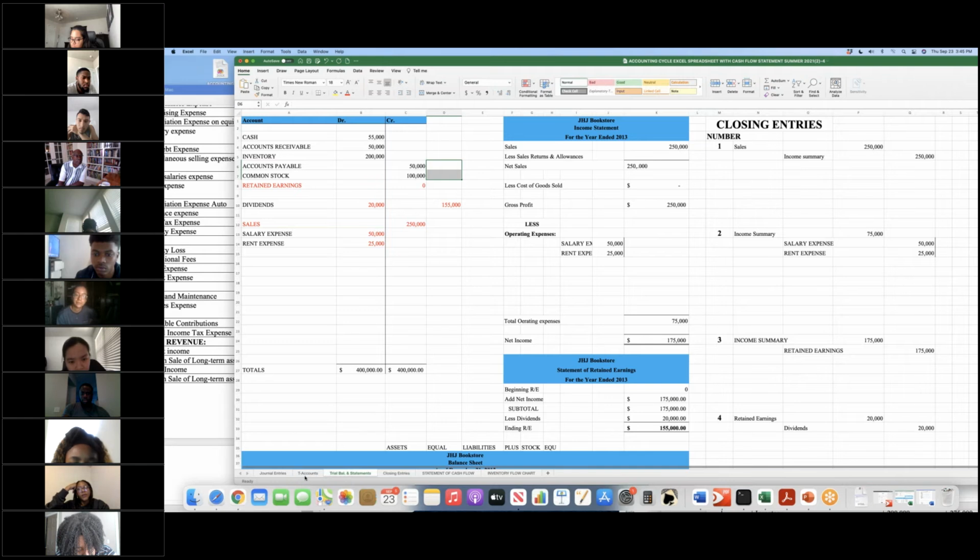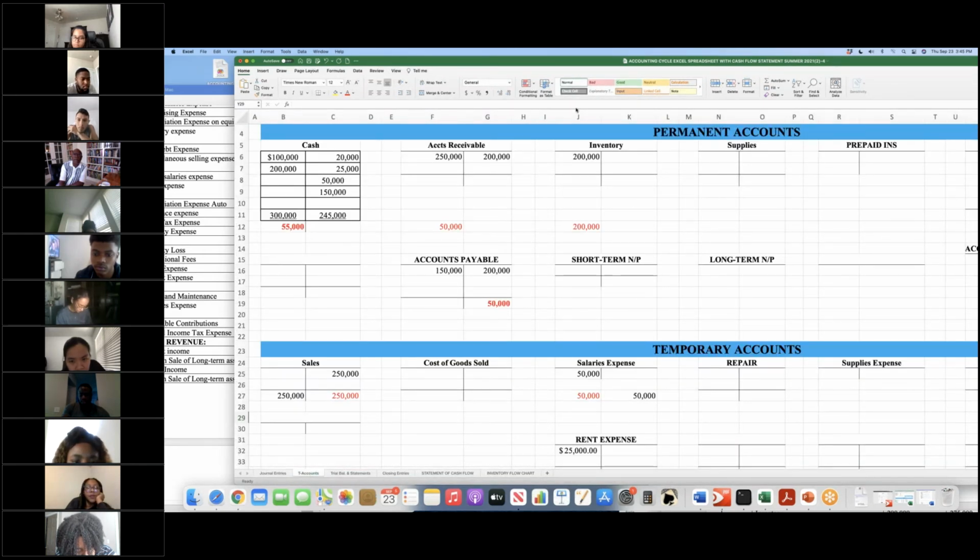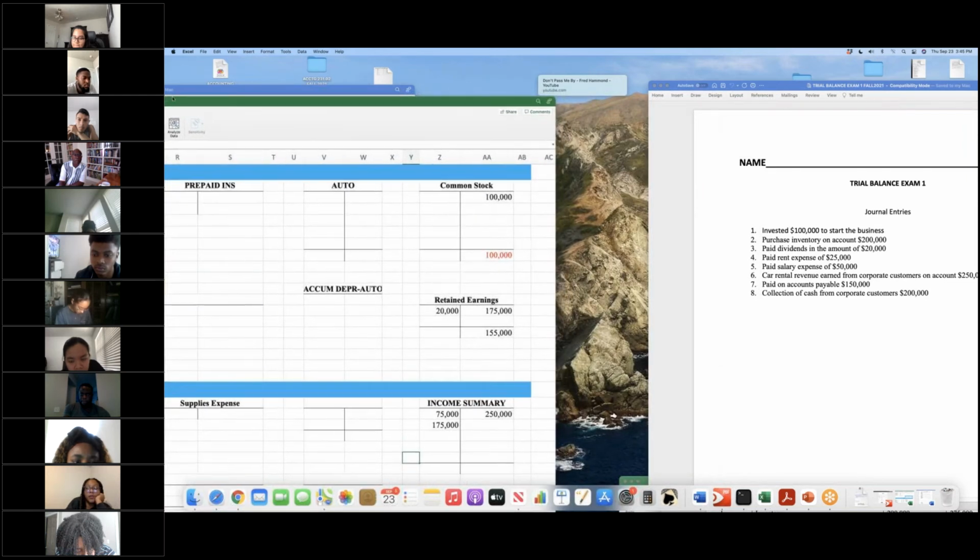That's a good one to see. We started off with a balance of 0. Now we got the 155. The ending balance on the statement of retained earnings, which is the ending balance on the balance sheet.